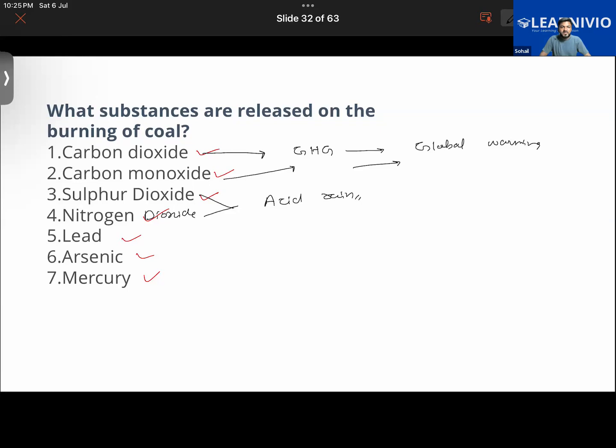Has anyone ever thought about how lead and arsenic are harmful for humans? They are harmful to us in various ways. For example, in some studies, if some people, although not everyone, are exposed to arsenic for a very long period of time, it can lead to various health problems.